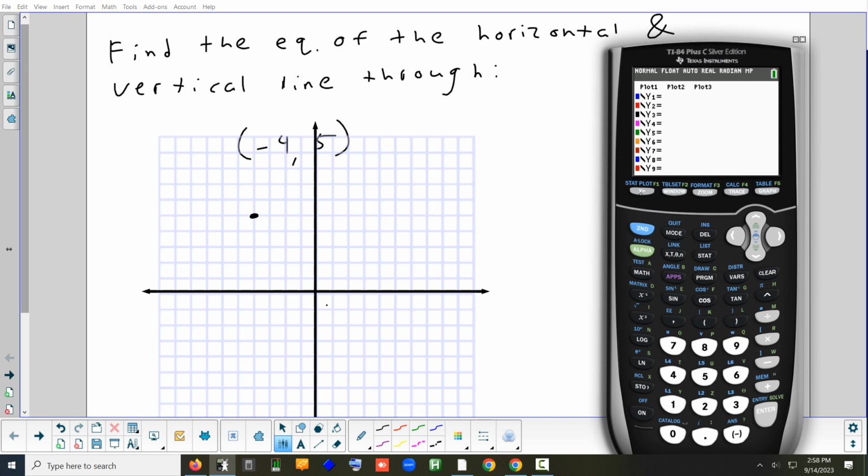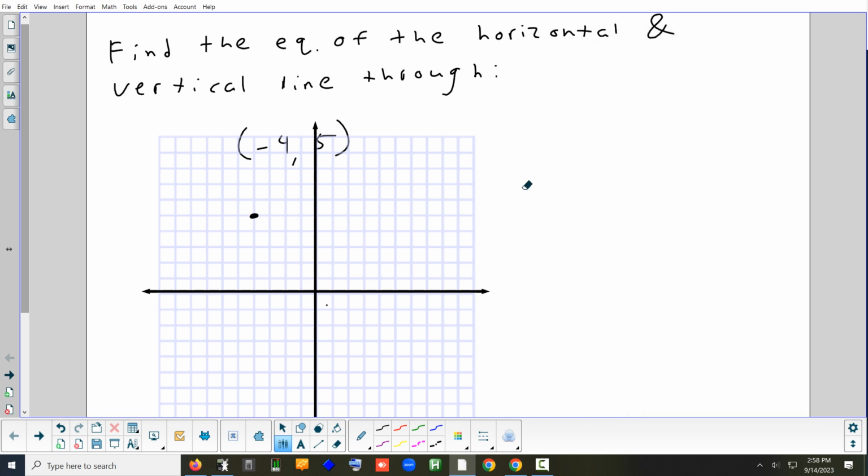If you do y equals a number, what kind of line would that be? If you do y equals 10, would it be a horizontal line or a vertical line? Horizontal. If you type in y equals 8 and hit graph, it's a horizontal line at the number 8. So when we want to find the equation of a horizontal line, we start out y equals, and then we pick the number we want it to go through.